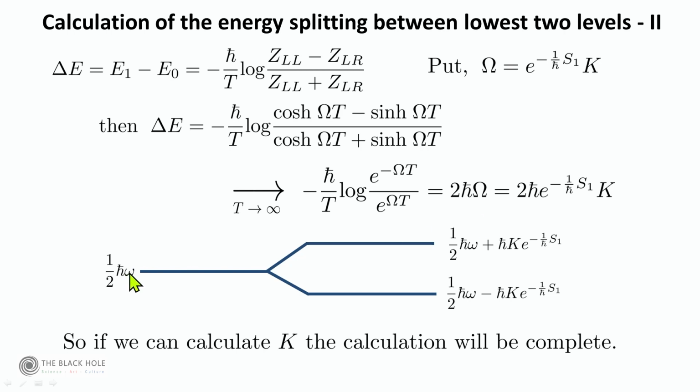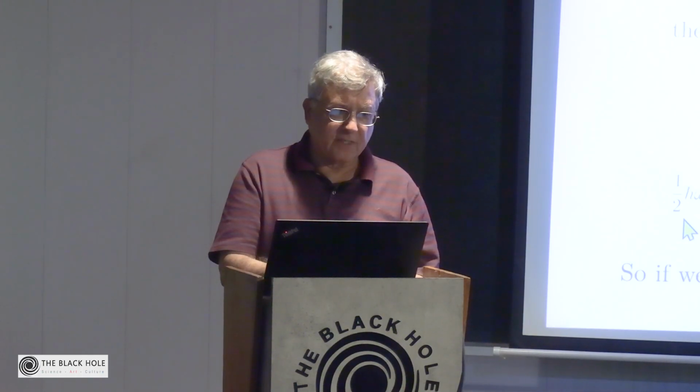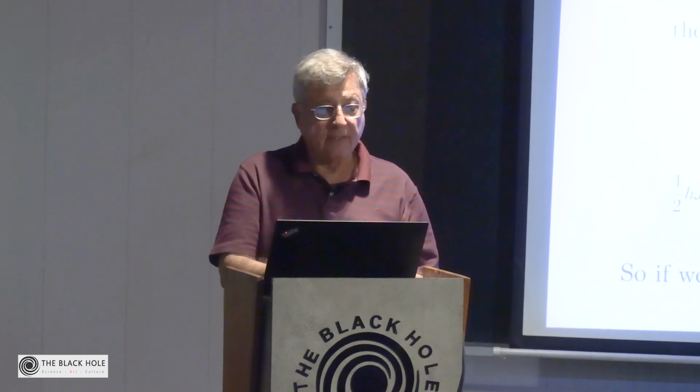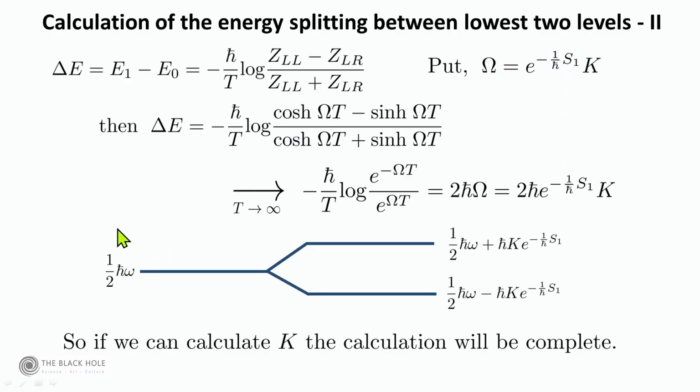So here is our grand result. If there was no tunneling of the particle from the left well to the right well, the energy of a particle in the left well would be half h bar omega. In the right, it would be the same.